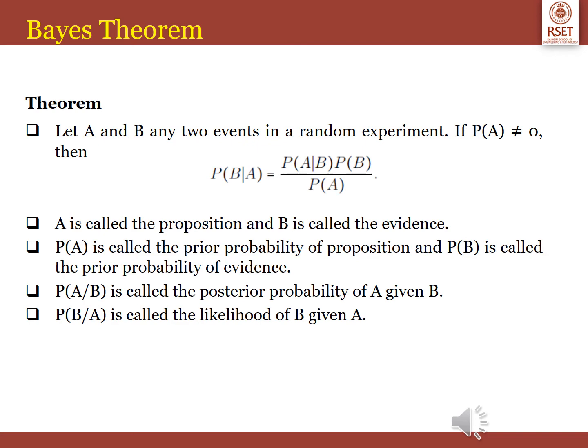P of A is called the prior probability of the proposition and P of B is called the prior probability of evidence. P of A given B is called posterior probability of A given B and P of B given A is called the likelihood of B given A.